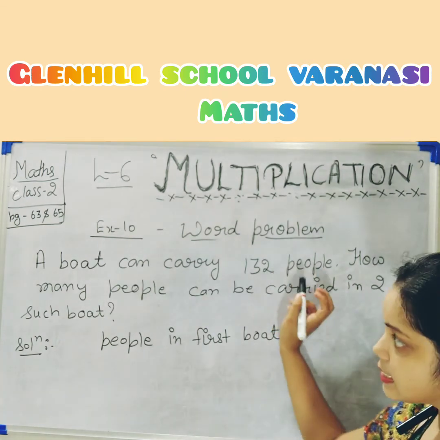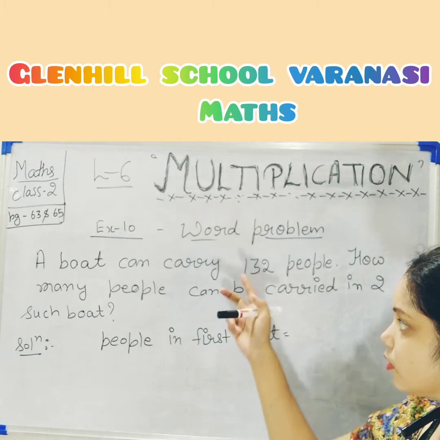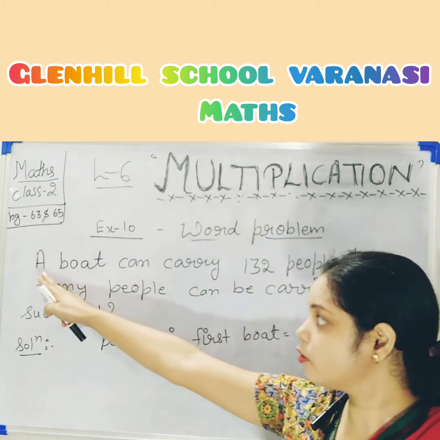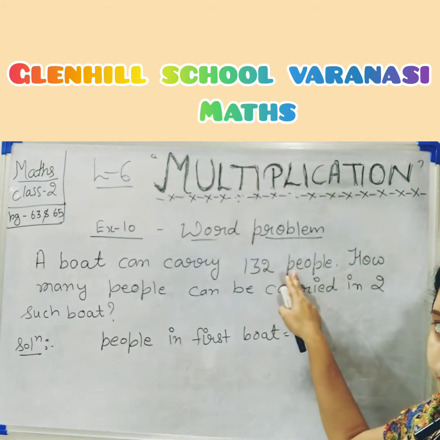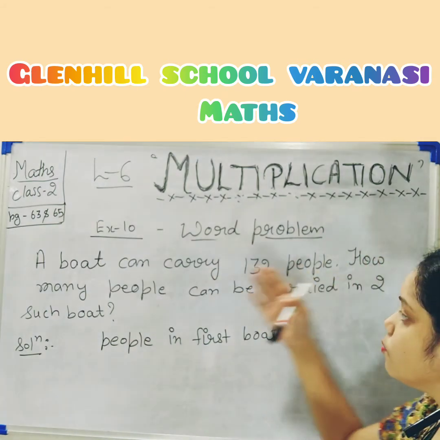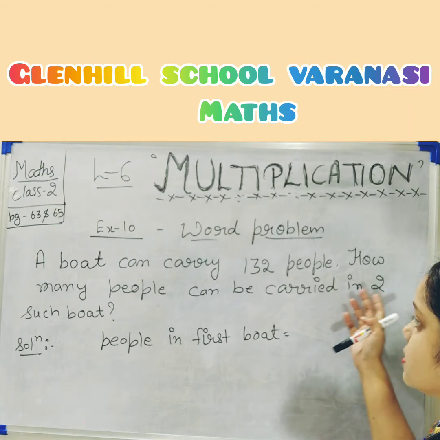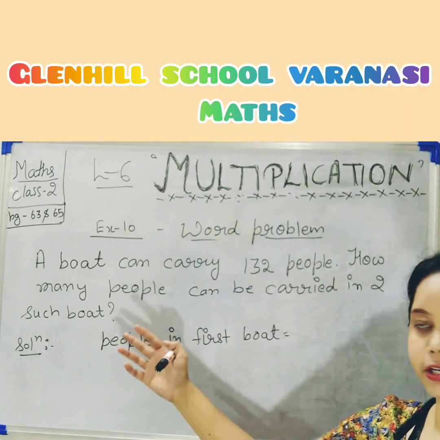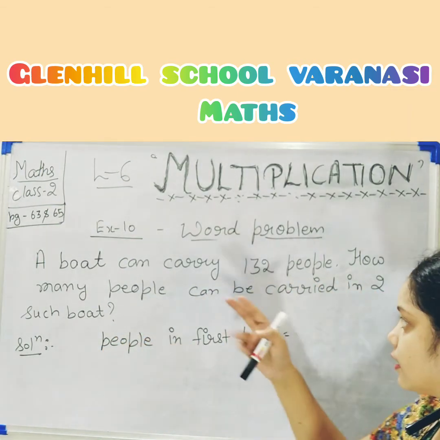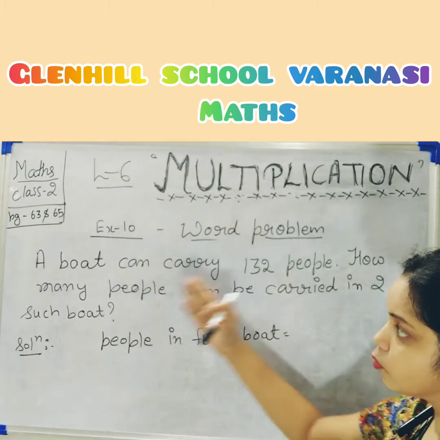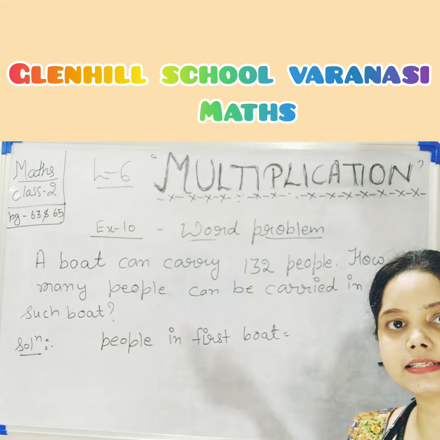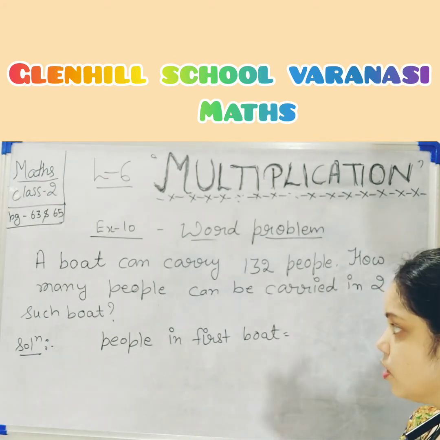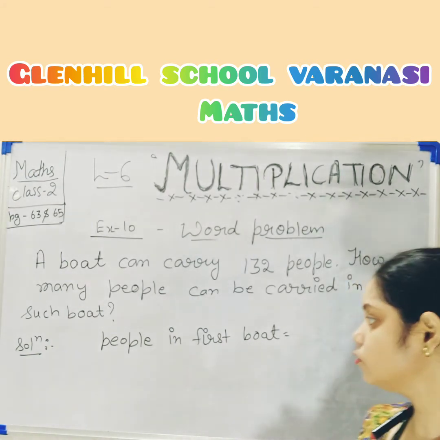The question is telling about only one boat carrying 132 people, but the question is asking how many people can be carried in 2 such boats. One is given, 2 is asked. So you can easily say this is the process of multiplication. So we are going to solve the question.